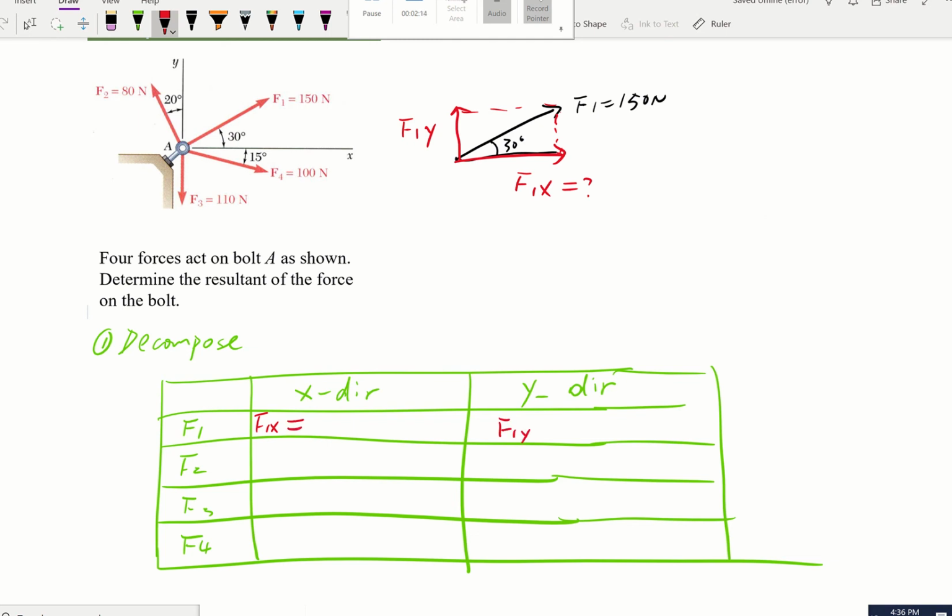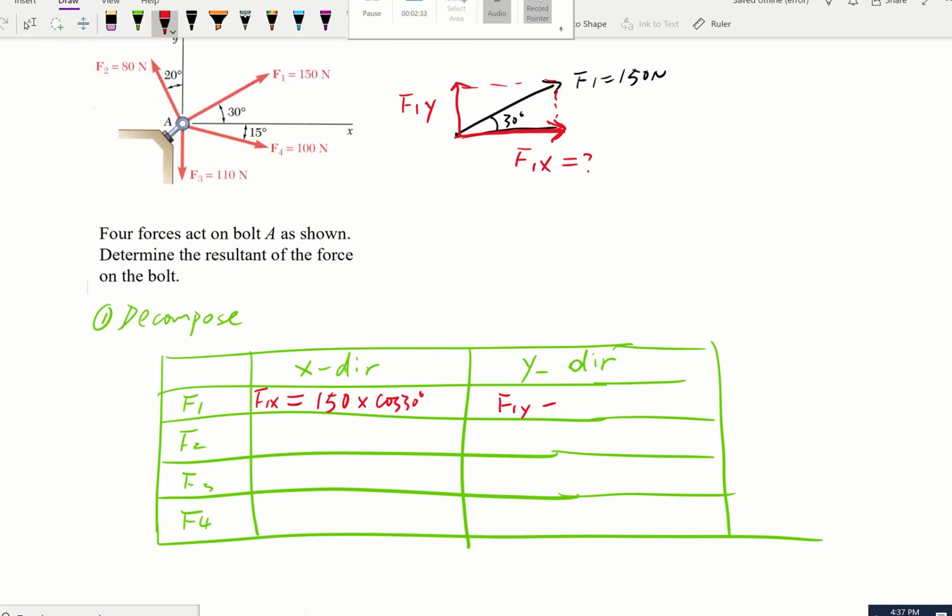Rule of thumb again: this angle is 30, and F1x is adjacent, so you use cosine. It's 150, the force you are decomposing, times cosine 30 degrees. F1y is 150 times sine 30 degrees, since it's opposite to the 30 degree angle.